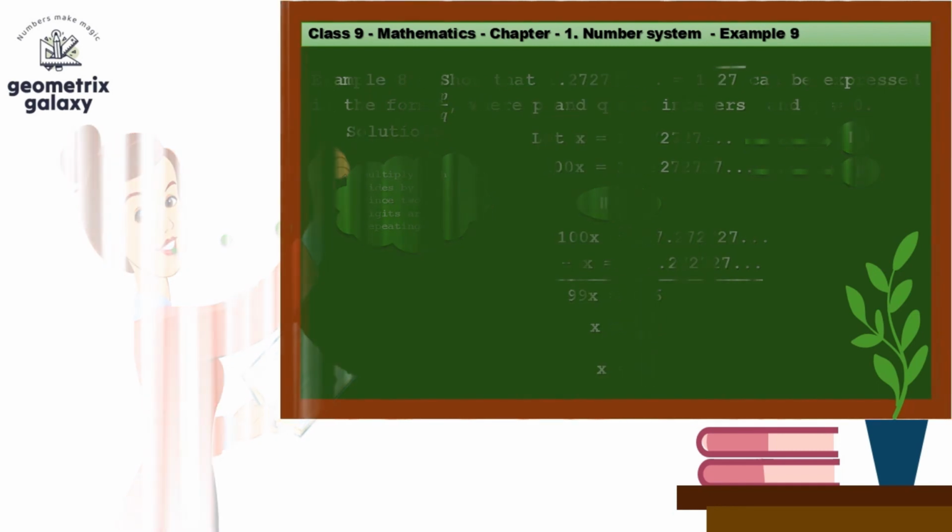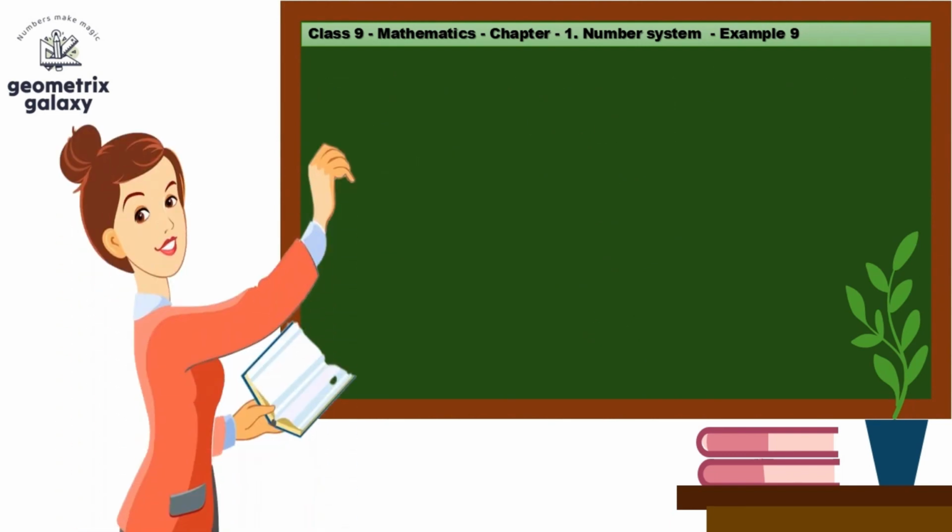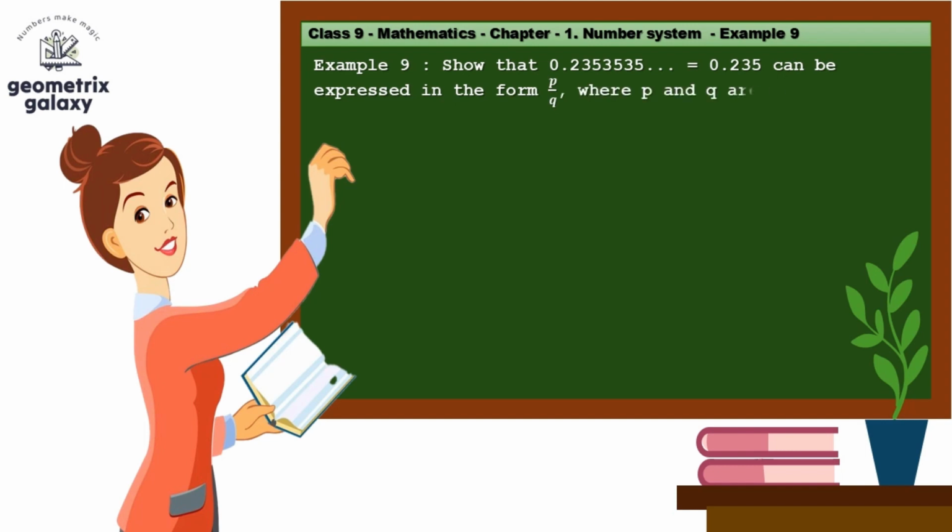Example 9. Show that 0.2353535 etc., which is equal to 0.235 bar, can be expressed in the form of p by q, where p and q are integers and q not equal to 0. The solution is, first take x is equal to 0.2353535 etc. as equation 1.